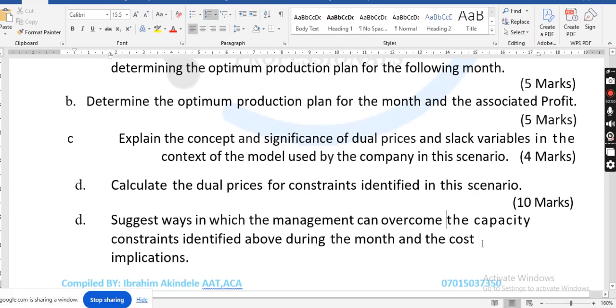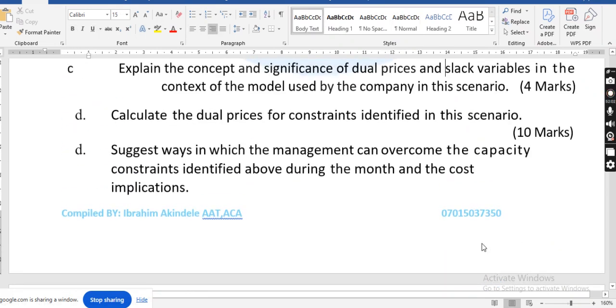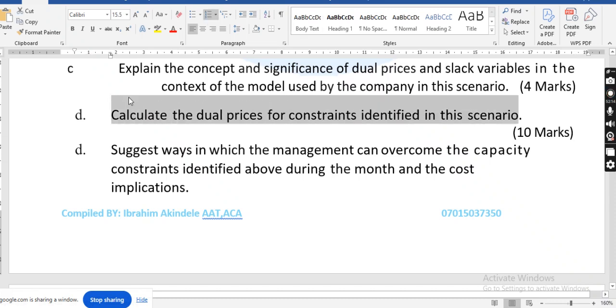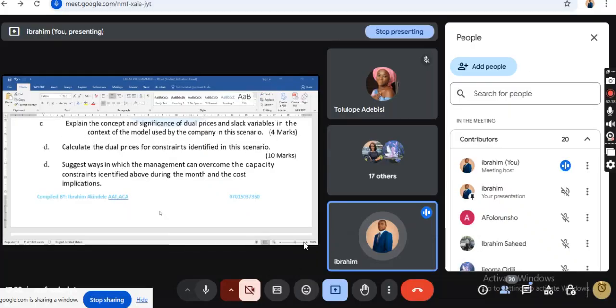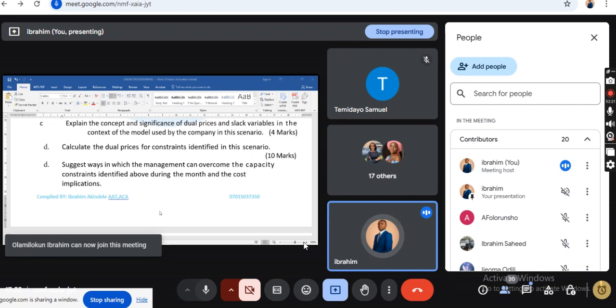The next question suggests ways in which we calculate the dual price for constraints identified in this scenario. Shadow price. Of course, we have 4 constraints. We cannot calculate shadow price for all the constraints. But we have already picked skilled labor and unskilled labor, which are part of the constraints.